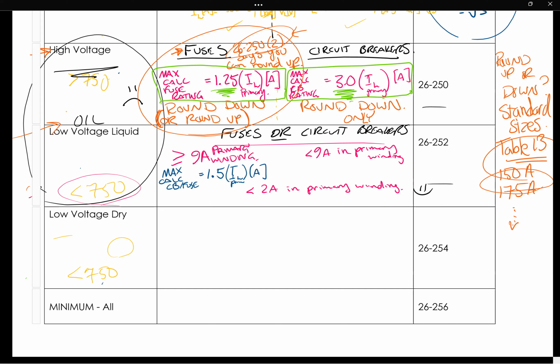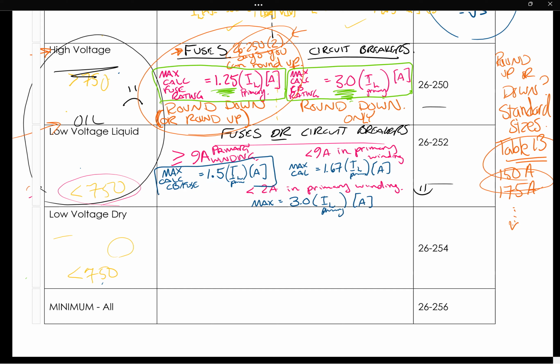If it is less than 9 amps, then your max calculated protection will be equal to 1.67 times IL primary in amps. And if it's really low current, then your maximum has to be 300%, which is going to be 3.0 on your calculations, times IL primary, which we calculated above in amps.